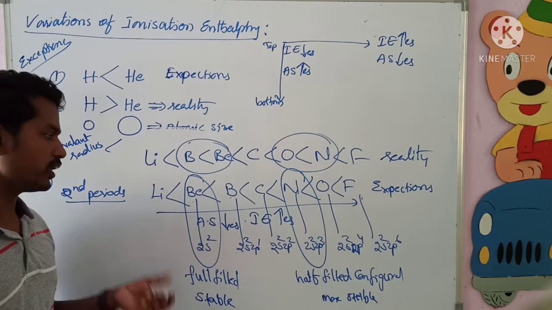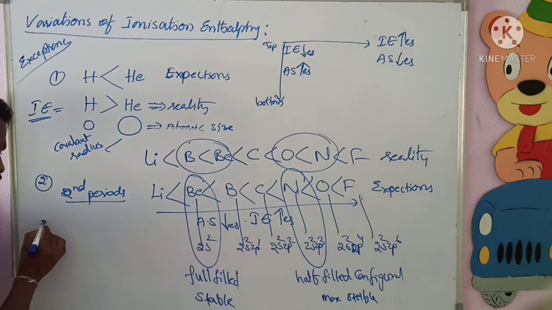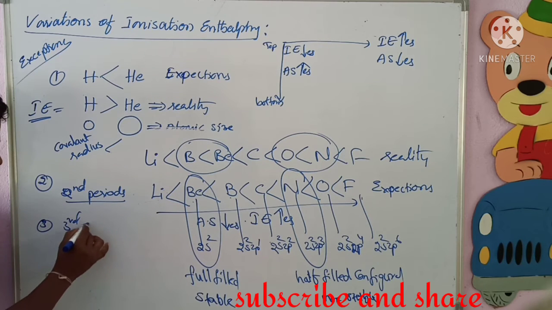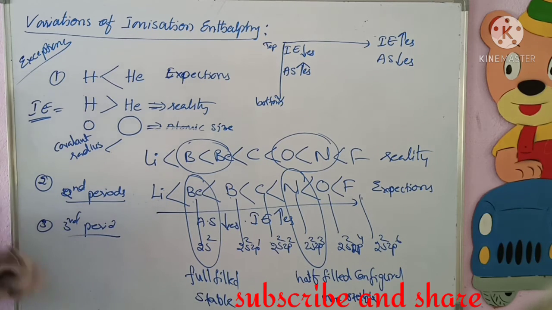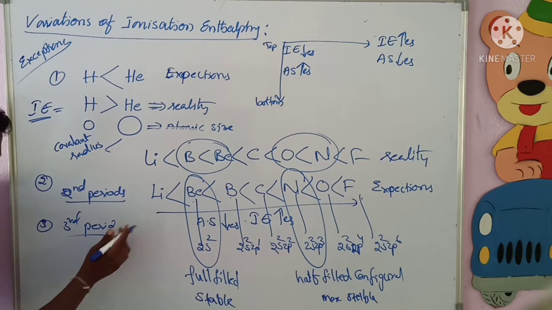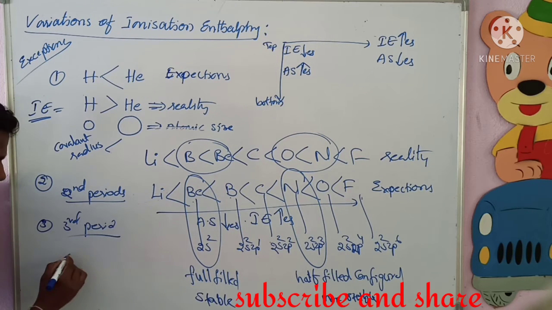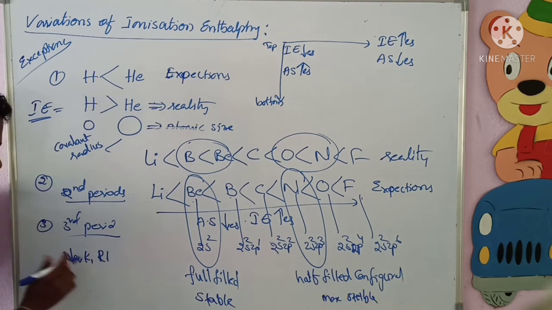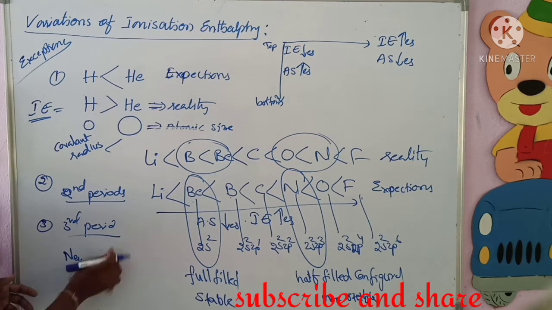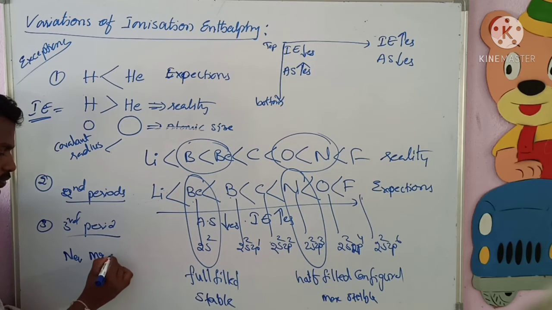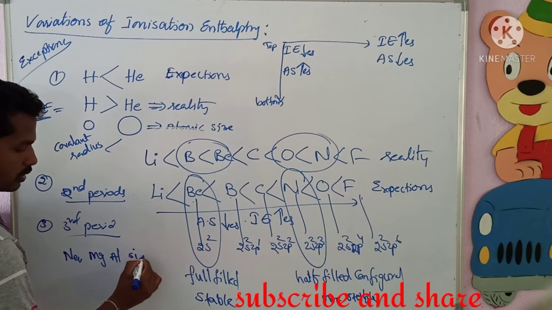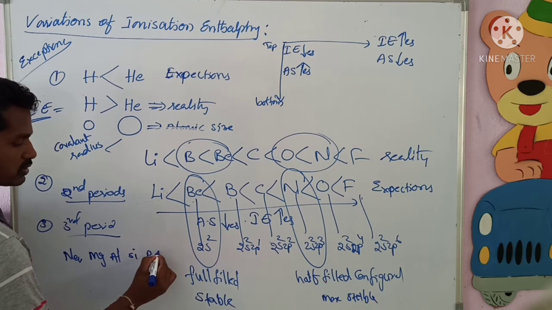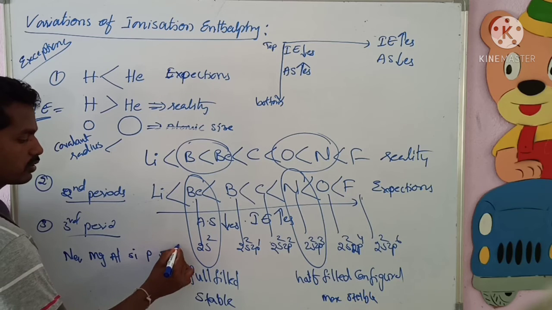Now the third period has the same pattern. Take the third period elements. The third period elements are sodium, magnesium, aluminum, silicon, phosphorus, sulfur, chlorine.